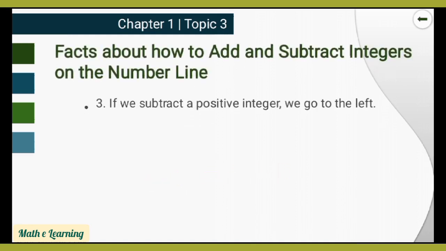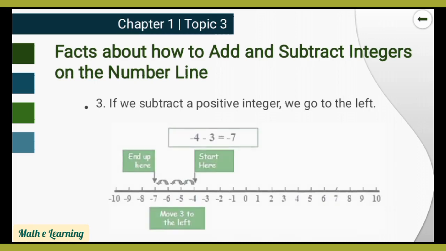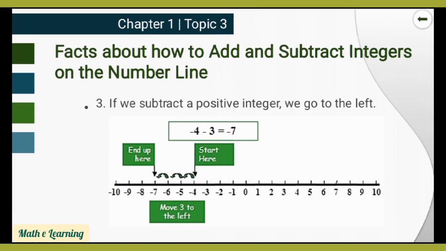The third fact is, if we subtract a positive integer, we go to the left. In this example, minus 4 is a negative integer, and we subtract a positive integer from it.